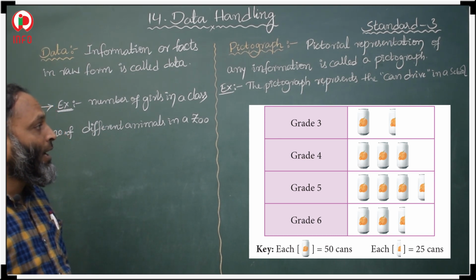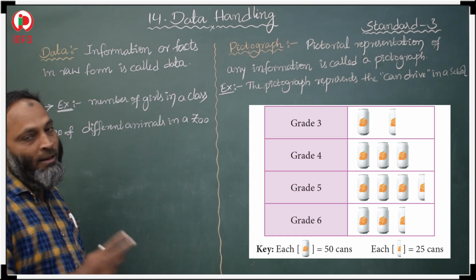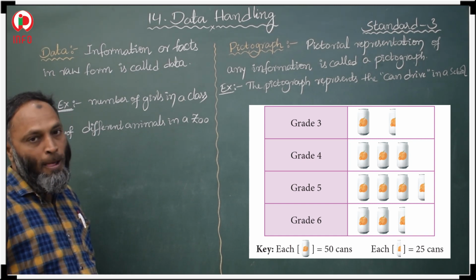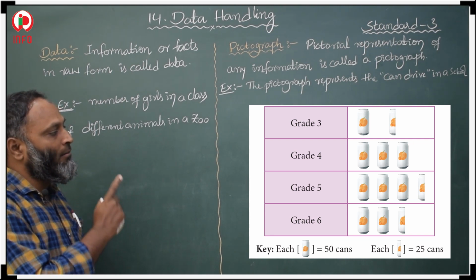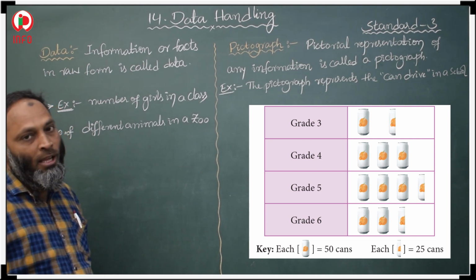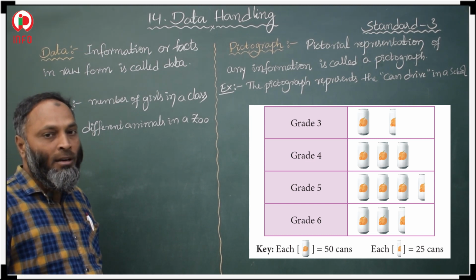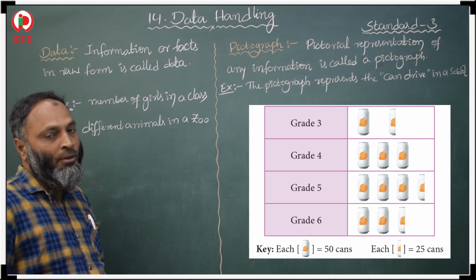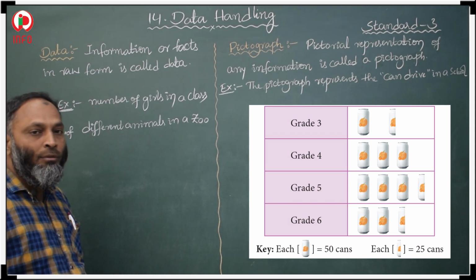In grade 4, how many cans are given? See here, 3 can pictures are given. 1 can is equal to 50, so 50 plus 50 plus 50: 50 plus 50 is 100, 100 plus 50 is 150. Total 150 cans needed for grade 4.